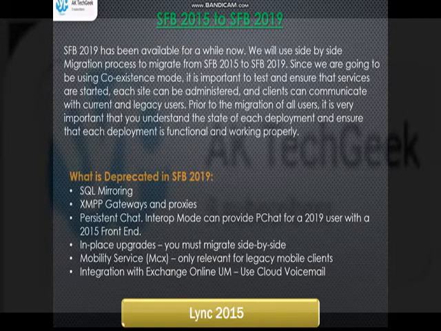Integration with Exchange Online is not available anymore with 2019, so Exchange Online has been replaced by cloud voicemail, so that is not going to work. If you want to use Exchange on-premises unified messaging, you can use it, but you need to make sure that your Exchange server is Exchange Server 2013 or 2016.